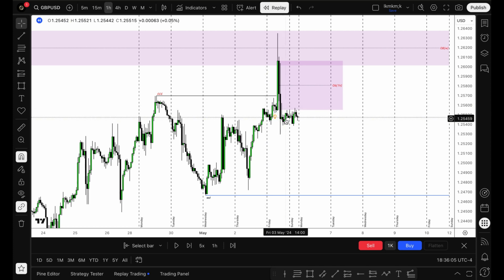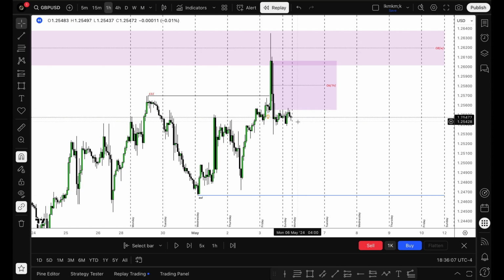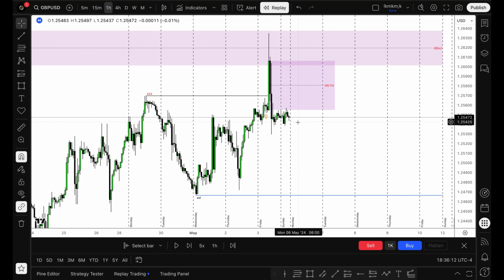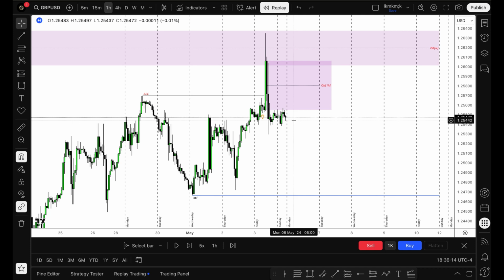So that signals a possible reversal to the downside. And on the weekly time frame, as we outlined, we're looking for bearish prices. So we're looking for price to deviate towards the previous week's low. We also have equal lows here that price loves to target in the market.